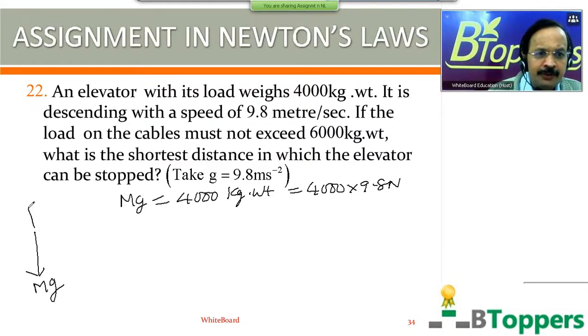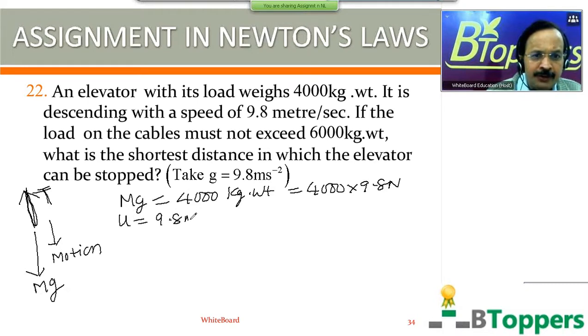The tension in the cables, meaning the supporting rope, acts upwards. Let capital T denote the magnitude of the tensional force on the elevator by the cables, which acts upwards. The motion of the elevator is downwards. You are asked to find the minimum distance in which the elevator can be stopped if it is initially moving with an initial velocity of magnitude 9.8 meters per second.